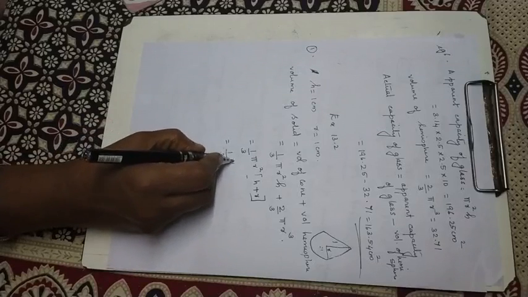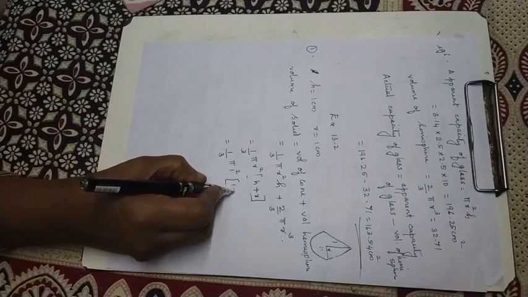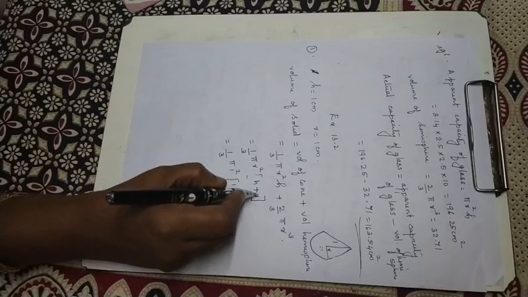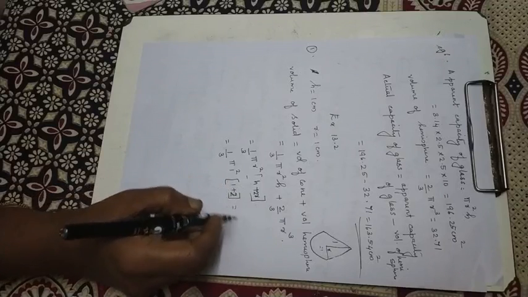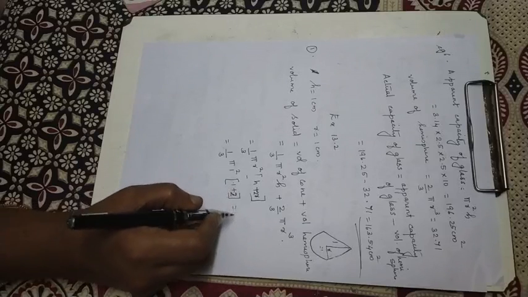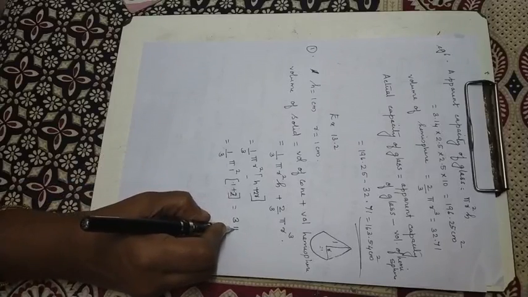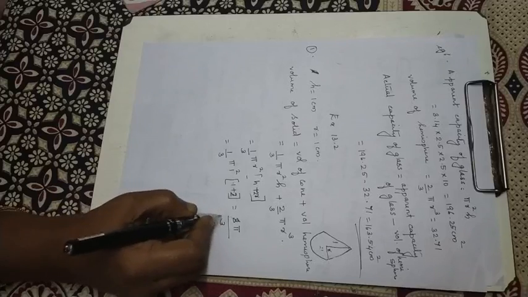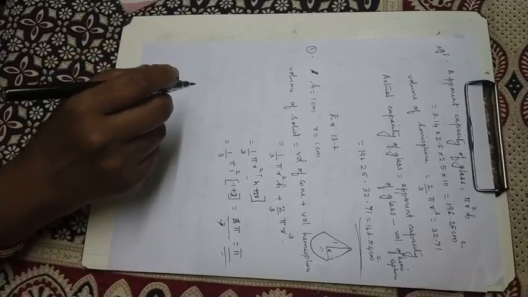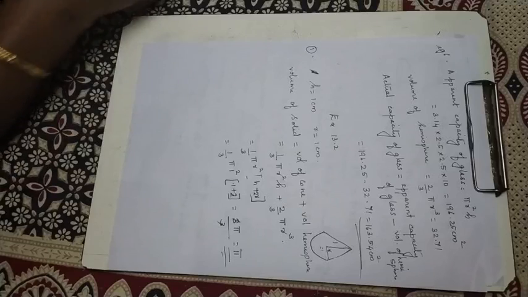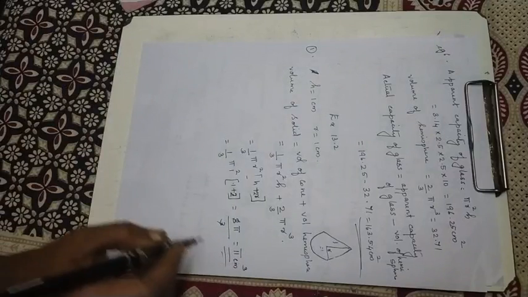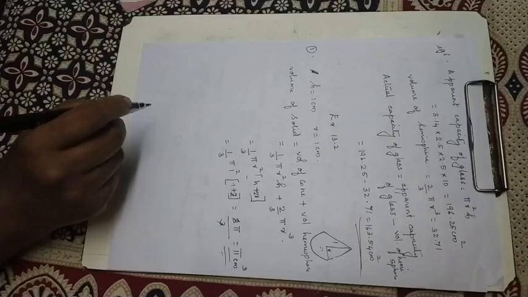So 1 by 3 pi, 1 square, then 1 plus 2 into 1, that is 3. So 3 into pi by 3, it will come as pi. So the volume is equal to pi centimeter cube.